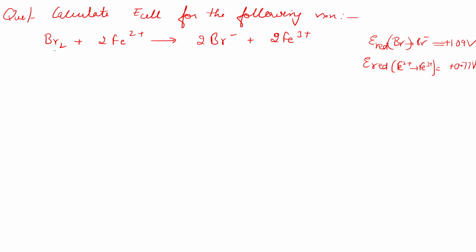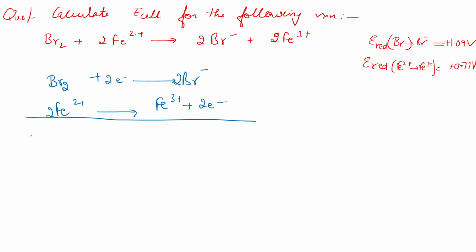In this reaction, bromine is undergoing reduction. Br2 plus 2 electrons will give 2 Br minus ions, while iron will undergo oxidation to give Fe3+ plus an electron; 2 Fe2+ ions will undergo this oxidation.